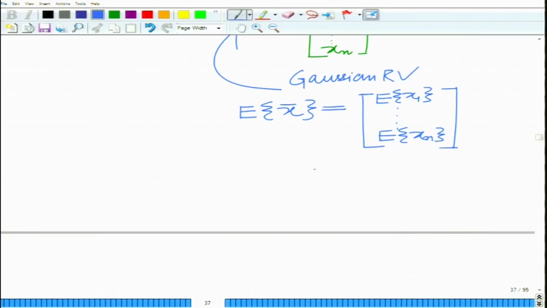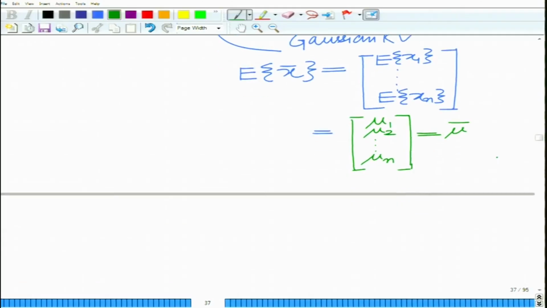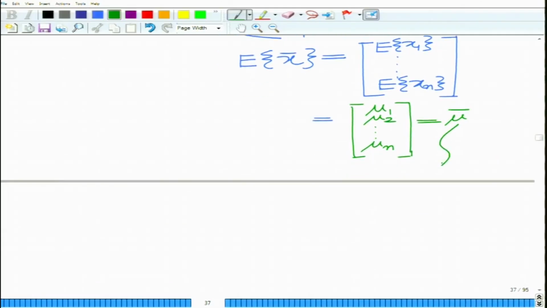Let the mean of the various components be mu1, mu2 up to mu n. So, this is basically your mean vector of the multivariate Gaussian random variable.